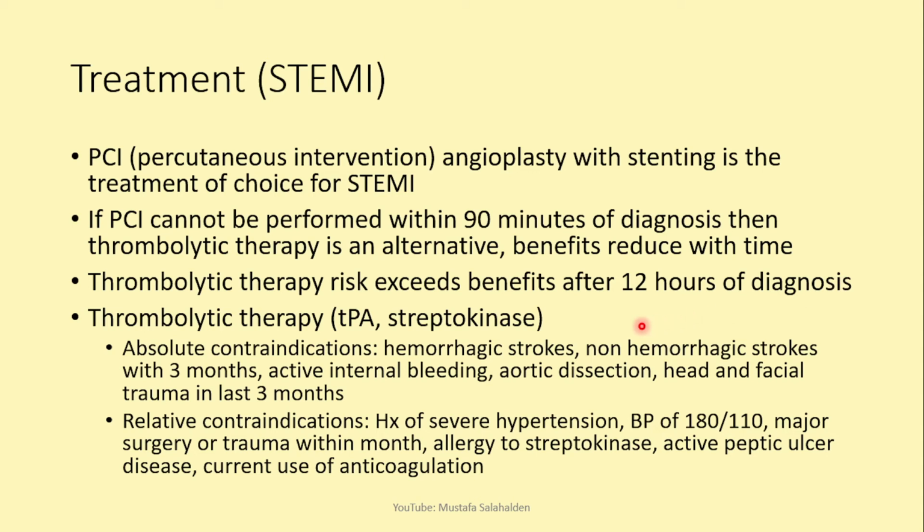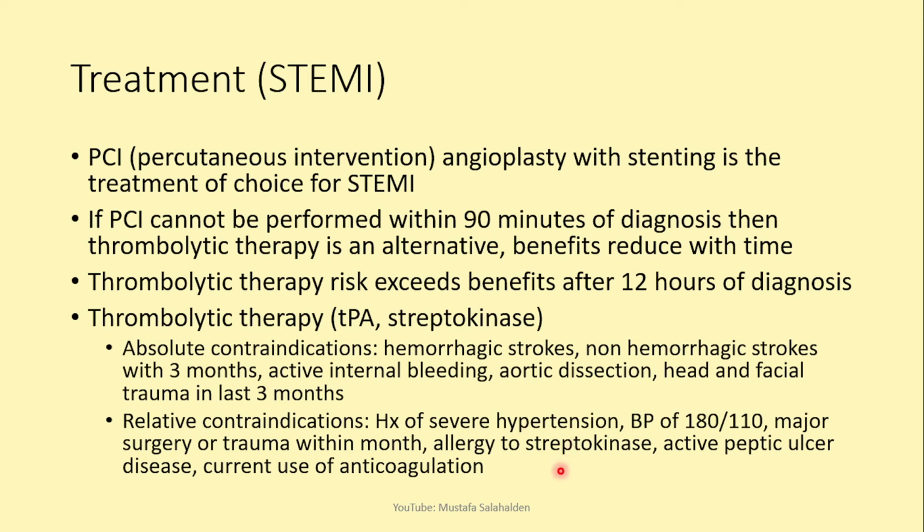So thrombolytic therapy, there are different types. There's the TPA, and there's the streptokinase. There are absolute contraindications for the thrombolytic therapy, which are hemorrhagic strokes, non-hemorrhagic strokes within 3 months, active internal bleeding, aortic dissection, head and facial trauma in the last 3 months.